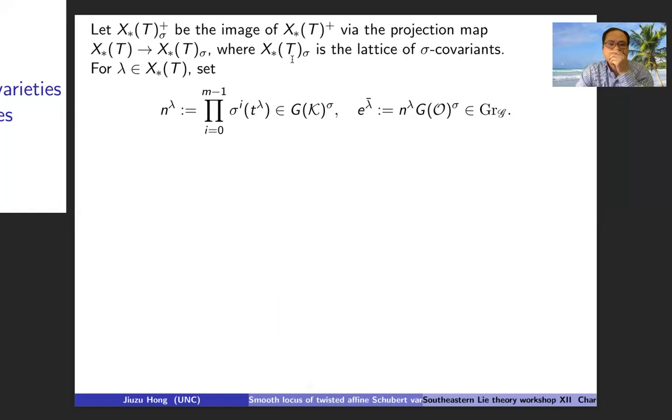Now, first of all, sigma originally is a diagonal, so a standard automorphism on G, preserving a Borel and torus.